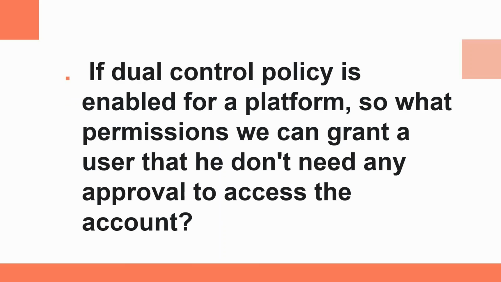Okay, moving to our next question. If the dual control policy is enabled for a platform and you want to give the permission to a user so he doesn't need the approval and can directly access that account, what permission do you need to grant him so that he doesn't require any approval?